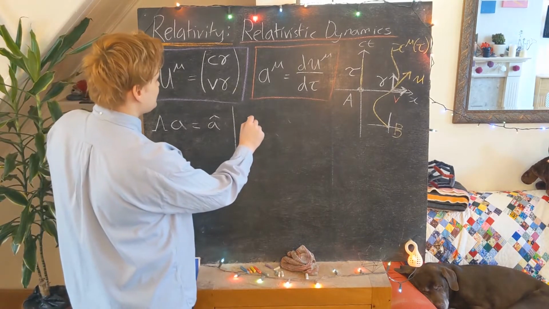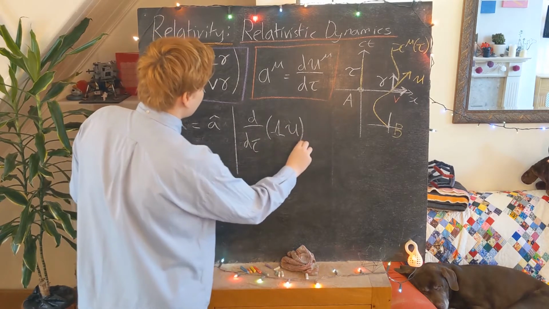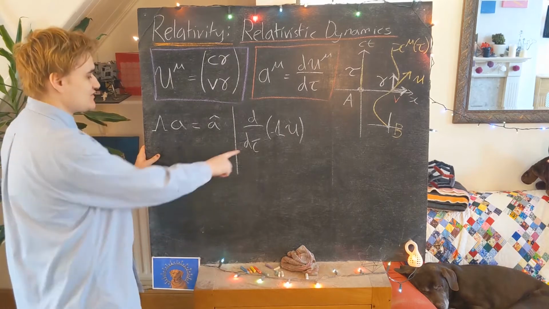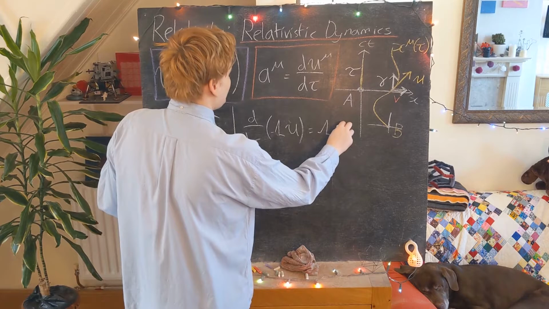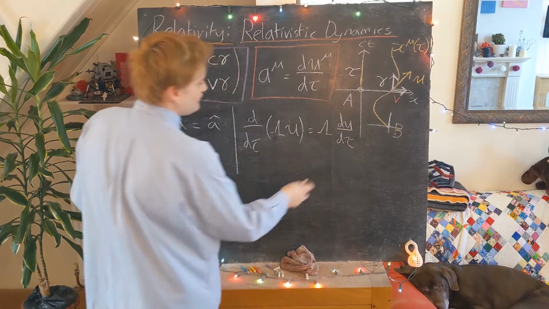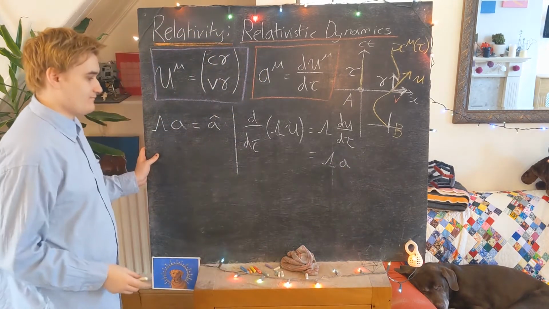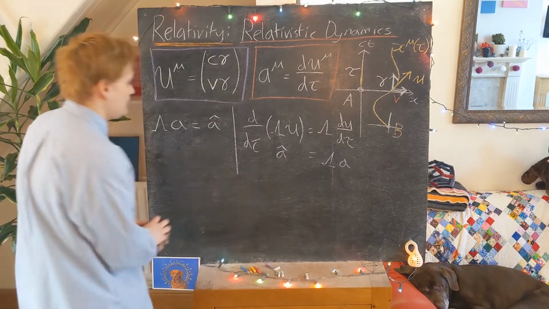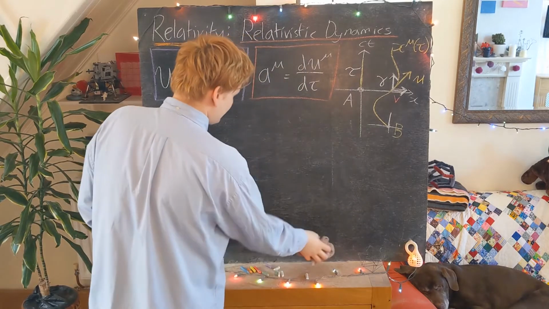And so we're going to have the Lorentz transform of u. And now since this lambda is just a constant matrix, it's not affected by tau, this is just lambda times du by d tau, which then is of course just lambda times a. And then this thing over here would be a hat.